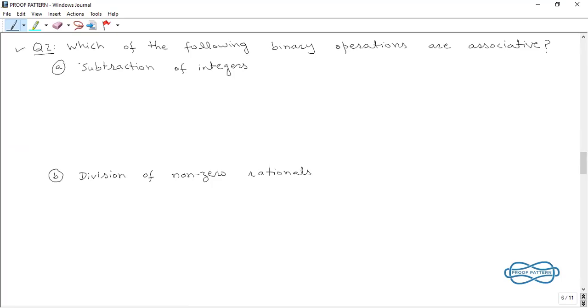In exercise number 2, we have to check which of the following binary operations are associative.